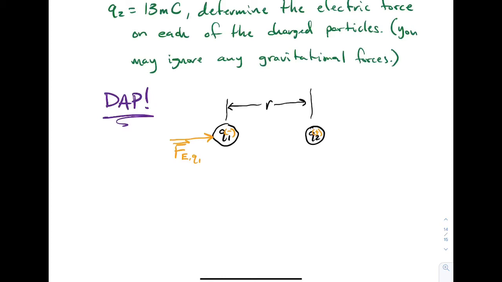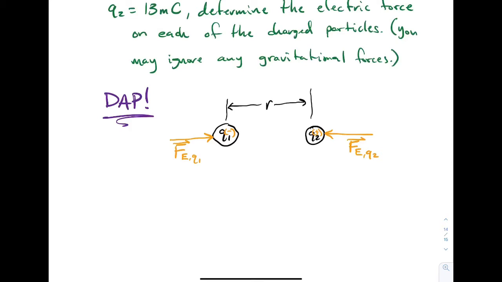And I'm also going to show that there's an attractive electric force on Q2 due to Q1. And we know that those are going to be equal and opposite. Well, of course, because of Newton's third law.